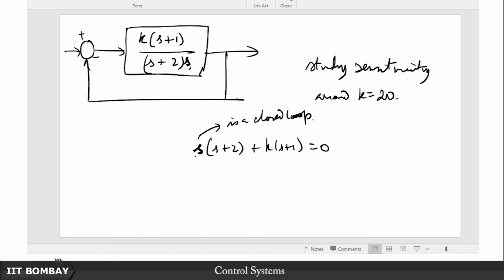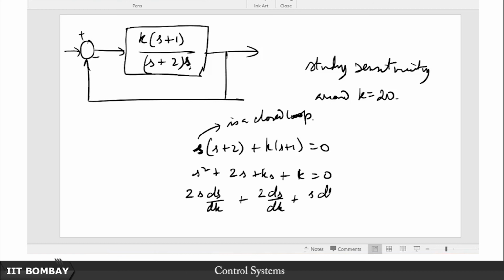So let me now differentiate this with respect to k. This is going to be s squared plus 2s plus ks plus 1 plus k is equal to 0. So this is 2s ds/dk plus 2 ds/dk plus s, that is 1, plus k ds/dk, plus again k differentiated with respect to itself is 1, is equal to 0.